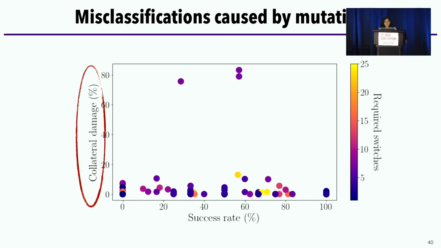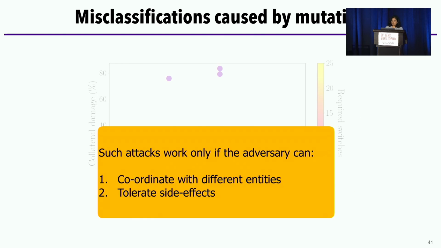Now, ideally, the adversary would like to be in the bottom right corner of this plot, but we see that not only is the adversary not always able to get a high success rate, but oftentimes the collateral damage is also non-zero. So what we want to say is that these kinds of attacks can be successful if the adversary is willing to tolerate these side effects, but more importantly, in reality, implementing these attacks is not very easy.